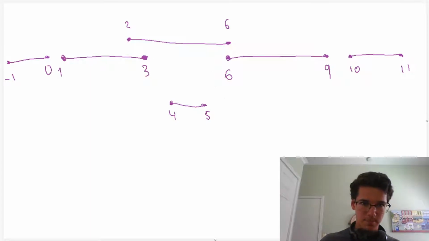So basically there are three different types of places that new interval can be in relation to the current interval that we are on.